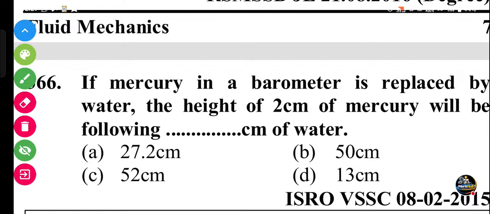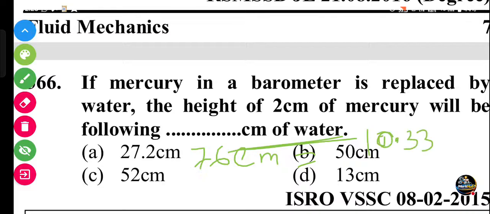Next question, friends. If the mercury barometer is replaced by water, the height of 2 centimeter of mercury will be the following centimeter of water. 76 centimeter of mercury equals 10.33 meter in water column, into 10 to the 2.